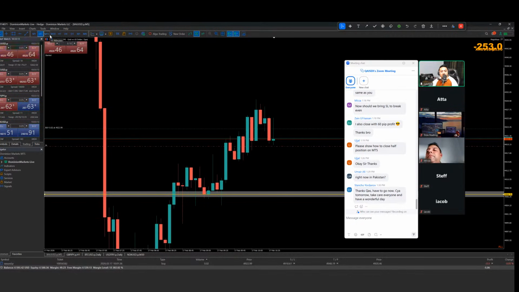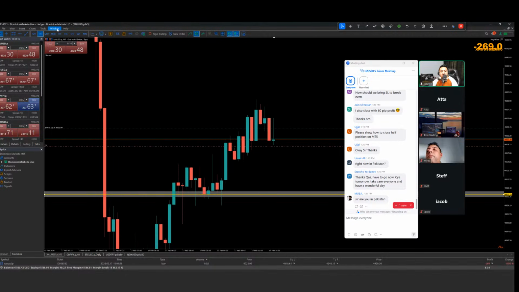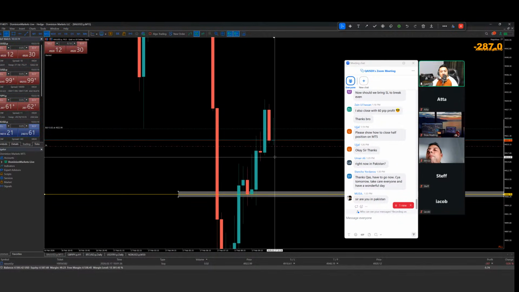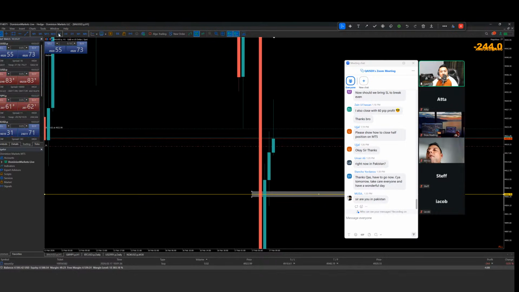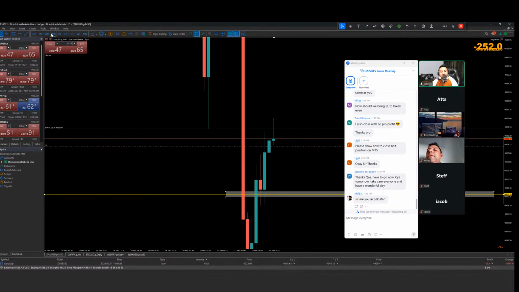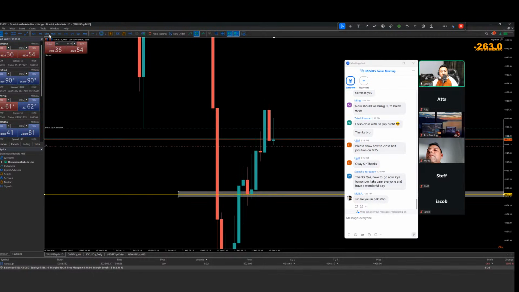I'm looking at something here actually. Still I believe it could push to the upside if I place my stop loss somewhere here. I don't know why, but looking at the H1 time frame, 30-minute time frame, 50-minute time frame.